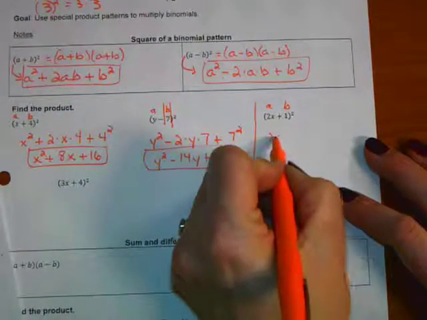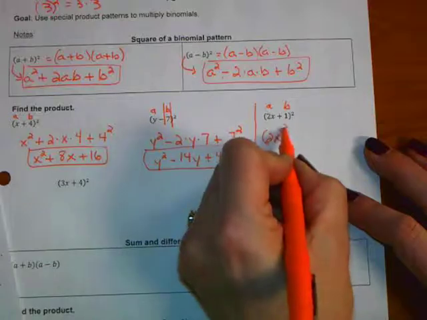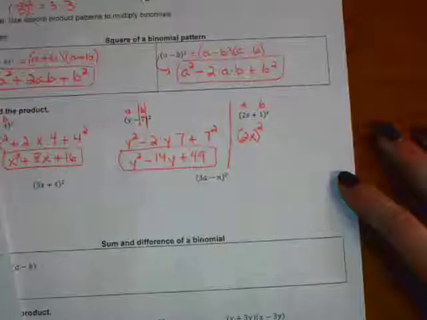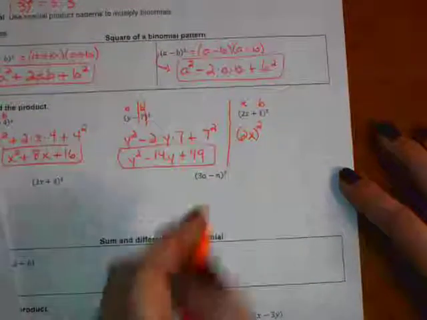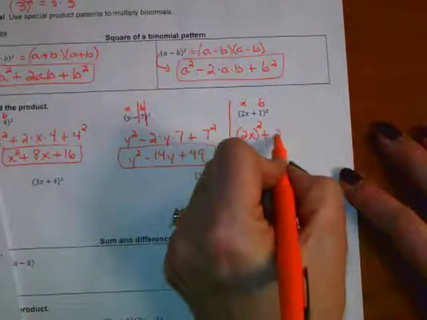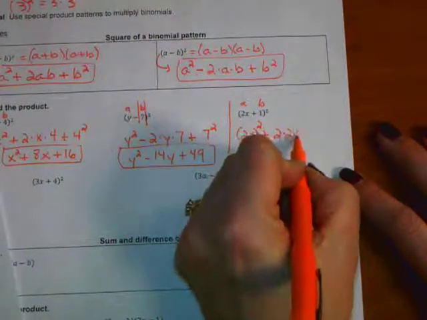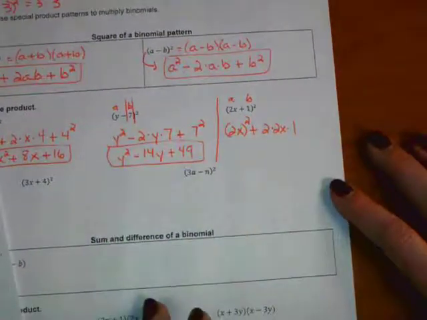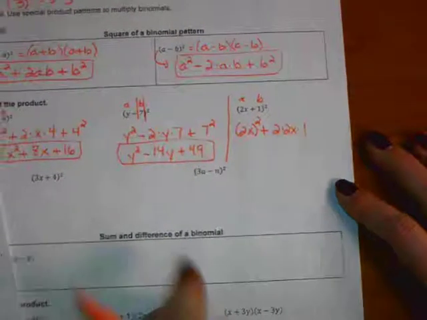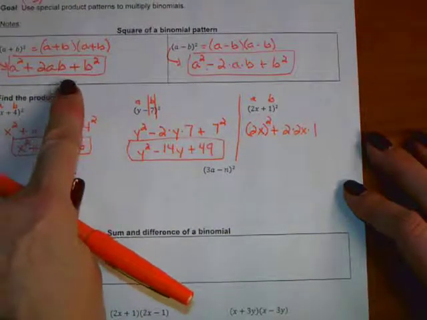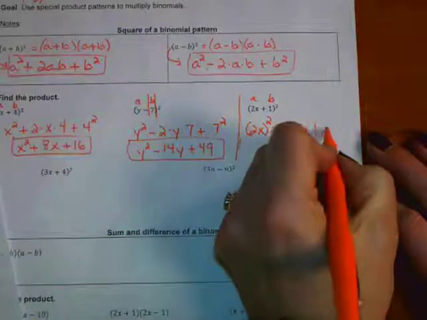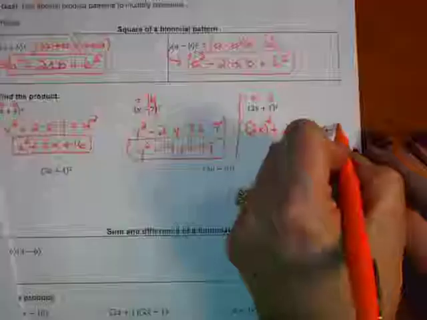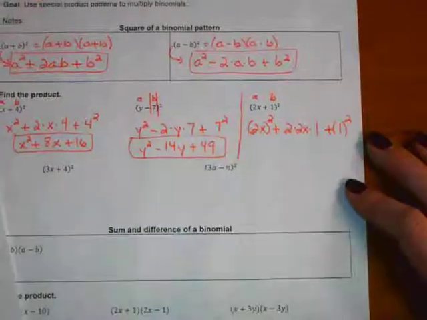My A is 2x squared. That's my A squared. Plus 2 times A times B. That's this pattern right here. 2 times A times B. Plus my B squared. I'm just going to put it in parentheses. You don't really have to for that one.